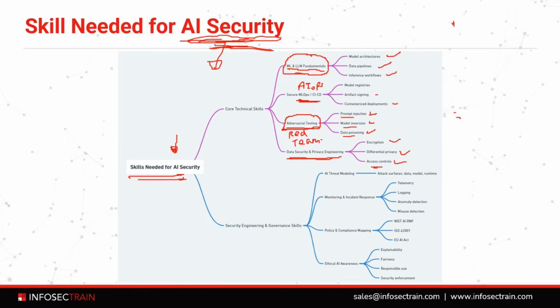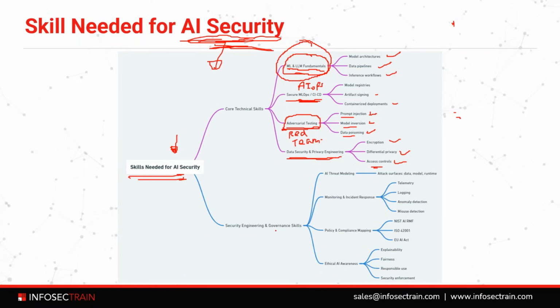If you're from the engineering side, a security engineer, then this is the skill you need: secure ML Ops, CI/CD pipeline. But ML and LLM fundamentals everyone should have. You're seeing that based on whatever domains of cybersecurity are there, you can understand the specific AI skills that you need.